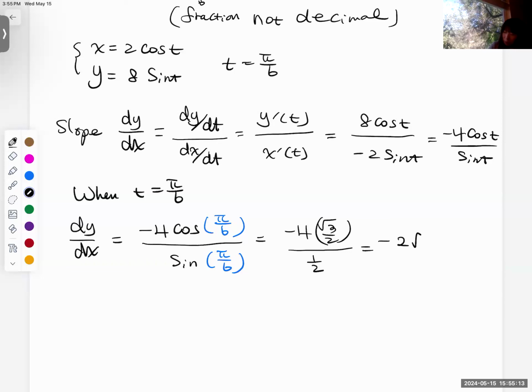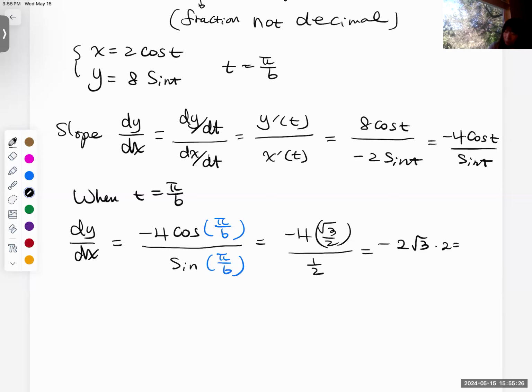Negative 2 square root of 3 times 2 over 1, right? So that is negative 4 square root of 3.